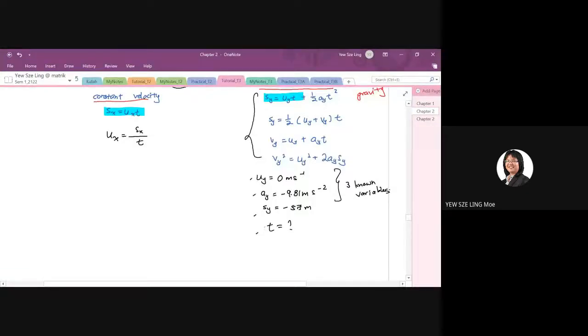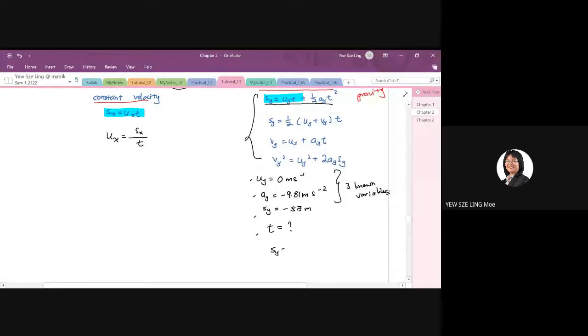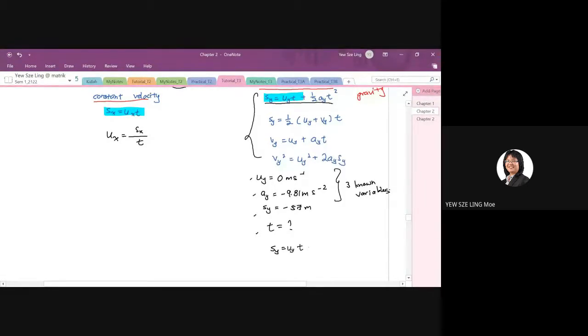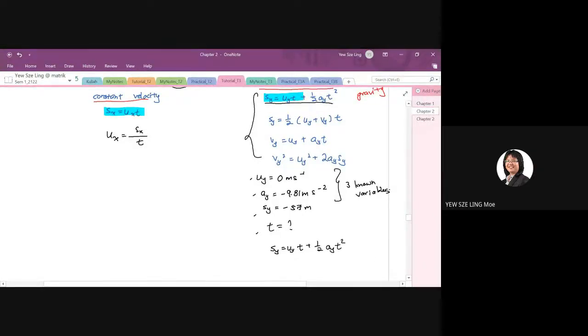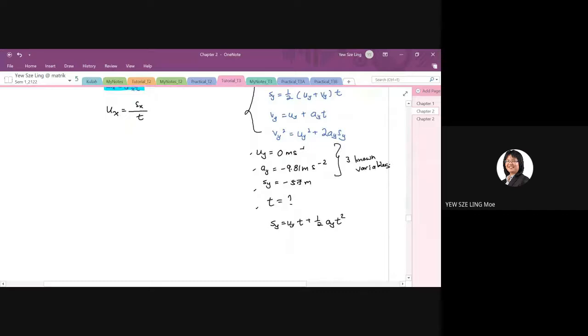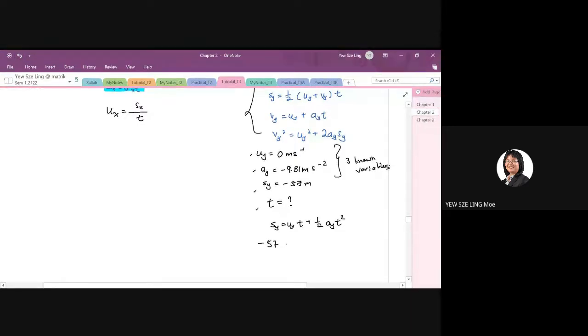So we are going to apply the first equation: Sy equals Uyt plus 1 over 2 Ayt squared. Sy must come with a negative. Without the negative, 1 mark will be deducted. For substitutions, you're going to get 0 marks. I'm not going to write the units; usually I write the units at the end of the solution.